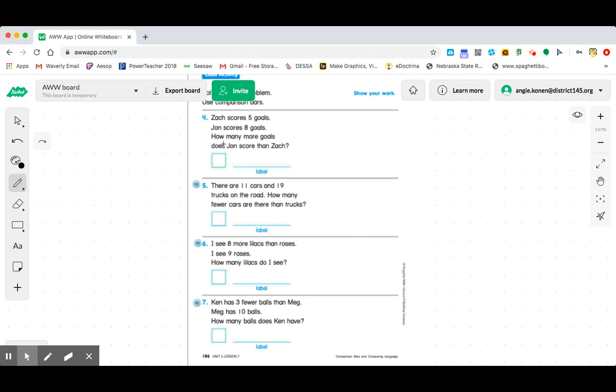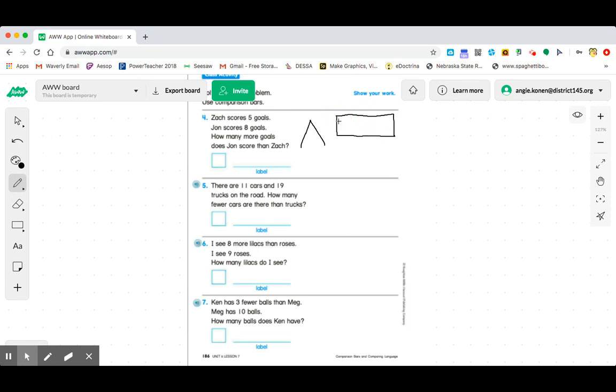Let me get my pen here. I'm going to make a math mountain, and then I'm also going to make some comparison bars. Now remember, with comparison bars, we have a large rectangle. Let me try that one again, so it's not so skinny.